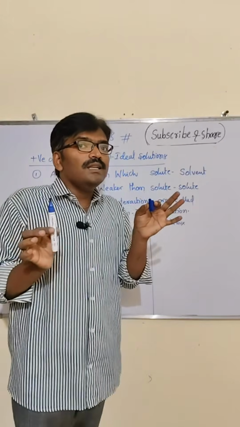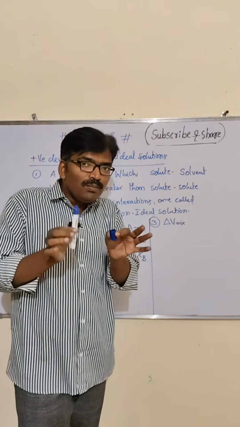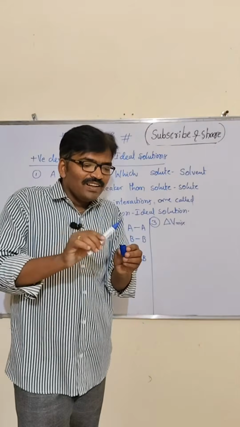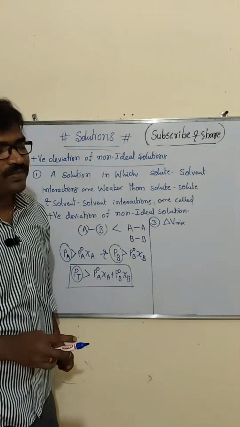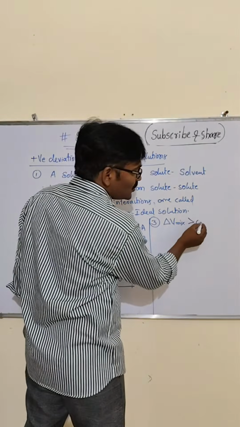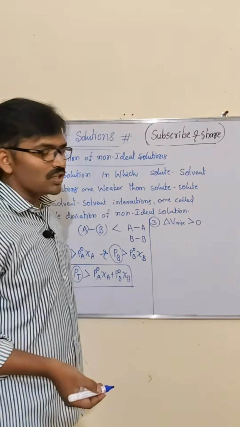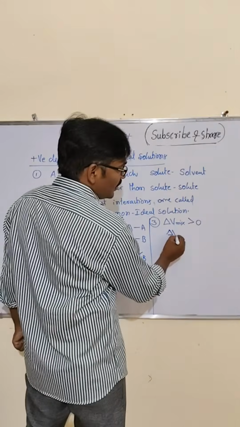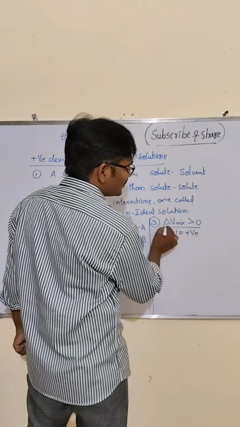In case of 20.1 ml or 20.2 ml, that we call positive deviation of non-ideal solution. So delta V mix is greater than 0, a positive value.